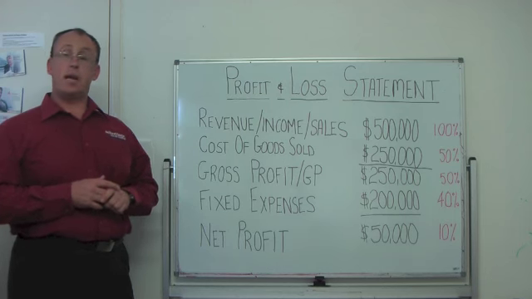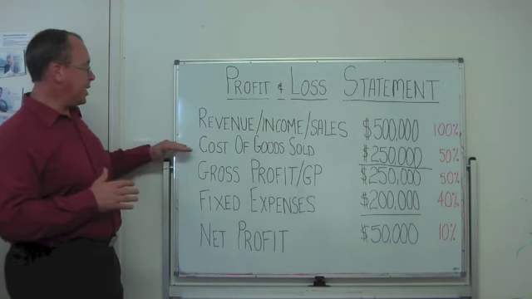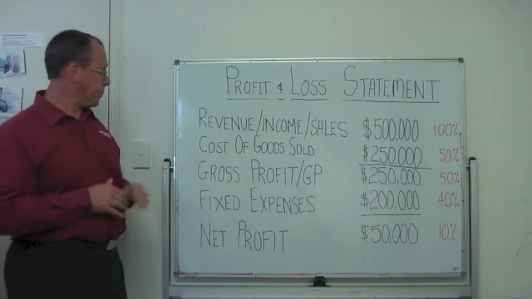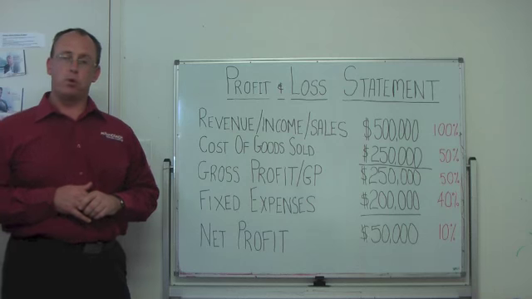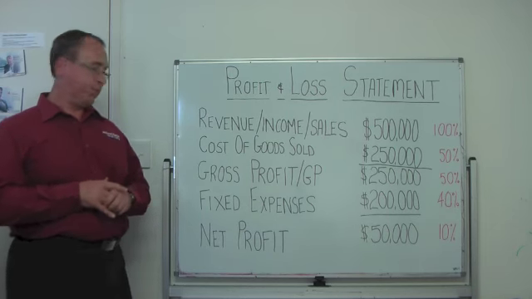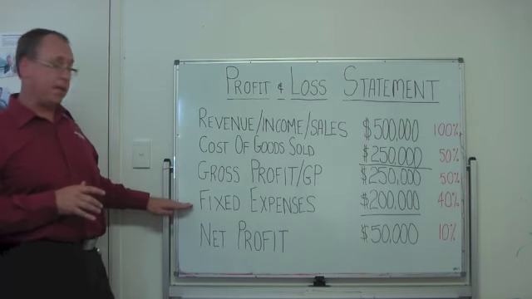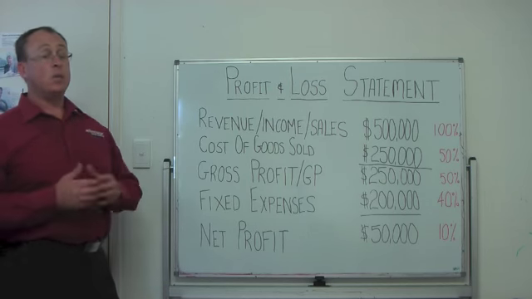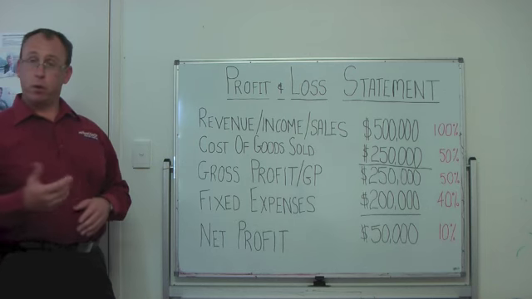It's also known as your variable costs, and these relate directly, as the name suggests, to what you've sold. Thirdly, we have our gross profit or our GP. Then we have our fixed expenses, and then we have our net profit, which at the end of the day is what business is all about, making a profit.